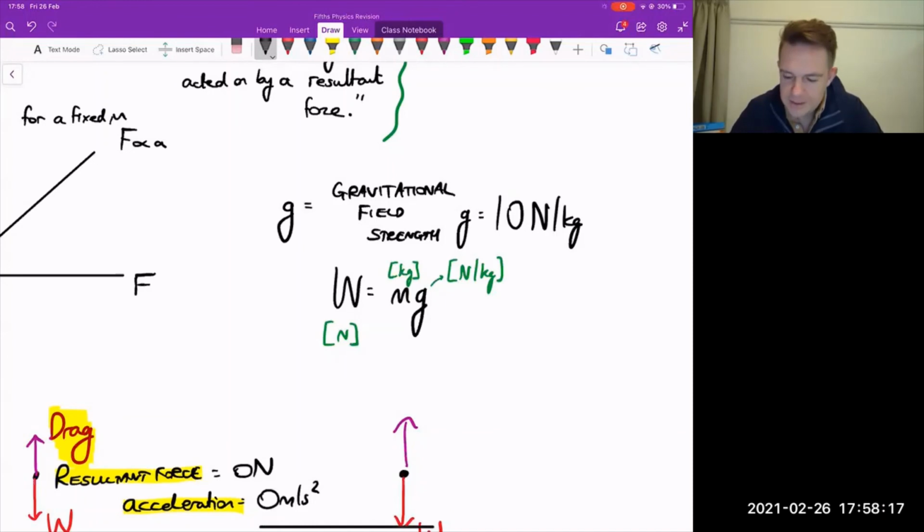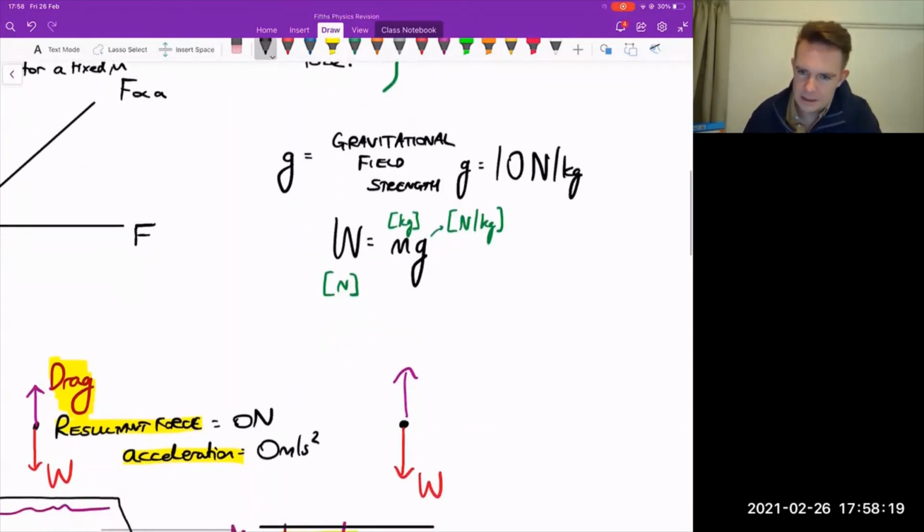But some of you will also have seen this: g equals 10 meters per second squared. You'll have heard it called the acceleration due to gravity, which is probably the better way to put it. Now, they're the same thing.